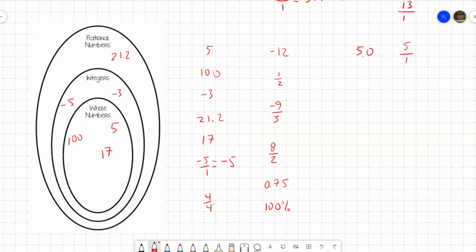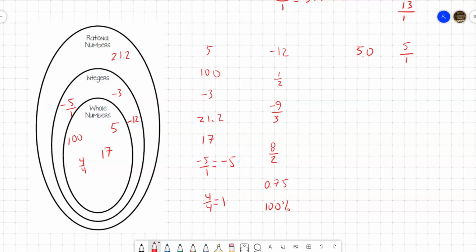But 4 divided by 4 is 1. Ooh, look at that. So I could put this number here. Oh, I didn't finish writing that one. So I could put 4/4 as a whole number because 4 divided by 4 is 1. What about -12? -12 would be an integer because it's negative, so it can't be a whole number.